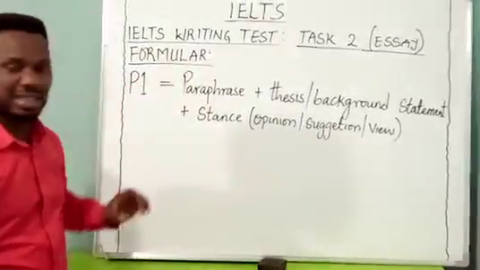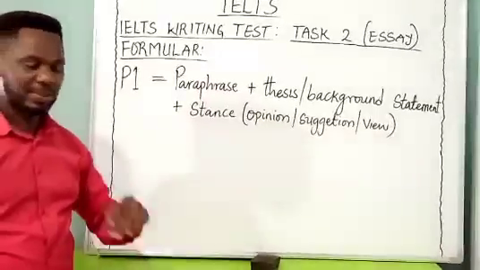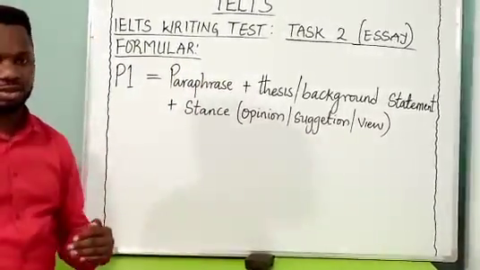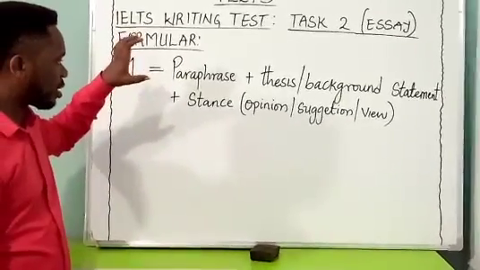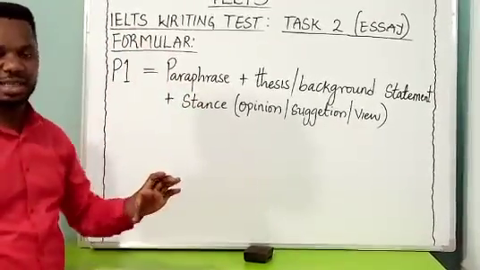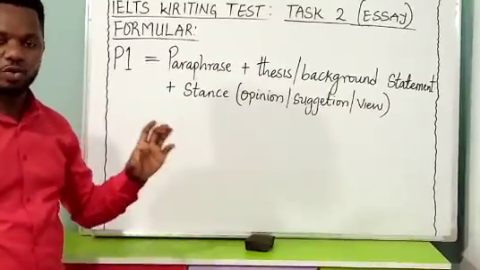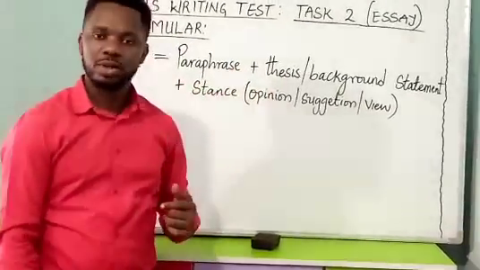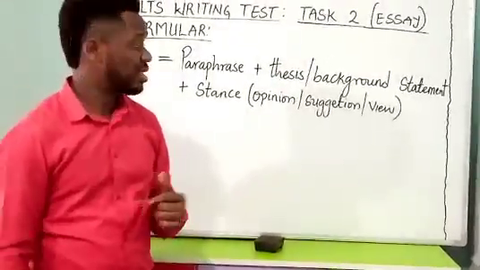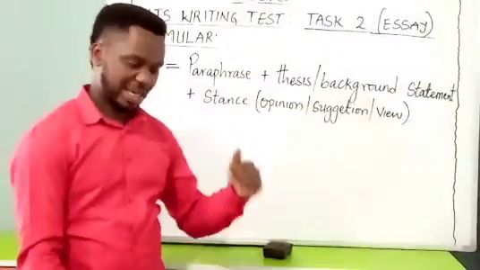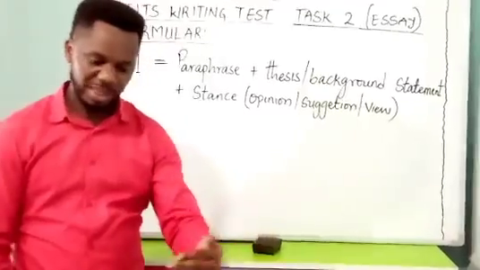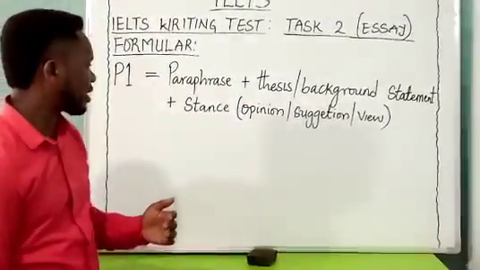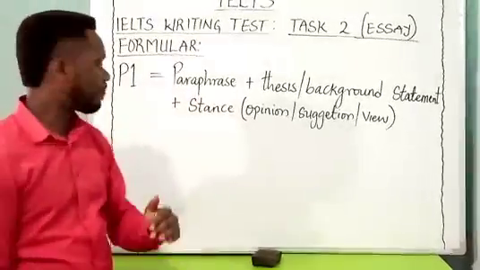Now, in paraphrasing, all you need to do is restate a given information in your own words, which still carries the exact information as in the original question. So when you do that, you state your thesis or background statement by way of saying, in this essay, I will be doing so and so. You state what you'll be doing in that essay in line with the question given.